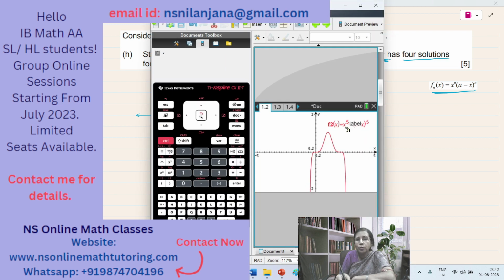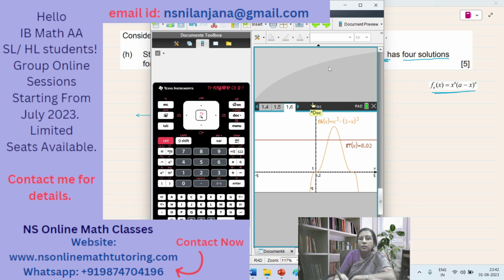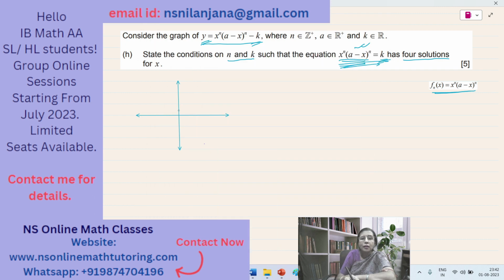And let me once more see what is the shape. Okay. Let me try at least. So this is actually a rough sketch.